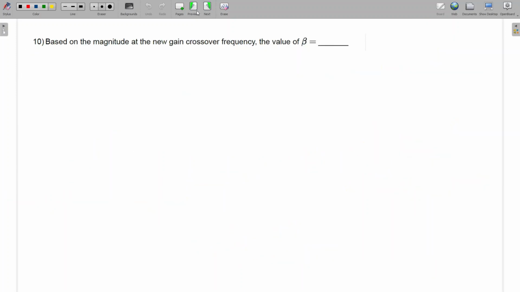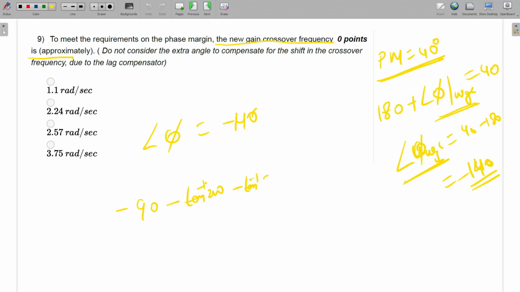So minus 90 minus tan inverse 2 omega minus tan inverse 5 omega is equal to minus 140. So tan inverse 2 omega plus tan inverse 5 omega is equal to 50. Correct? So (2 omega plus 5 omega) over (1 minus 10 omega square).